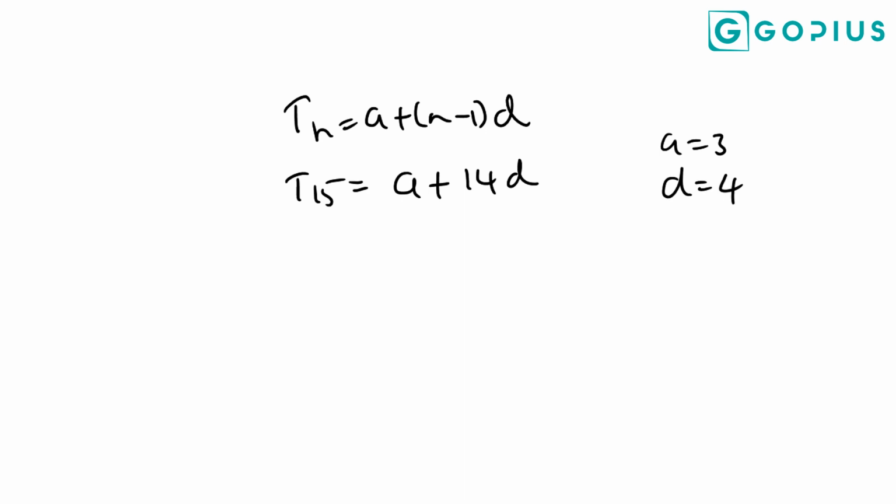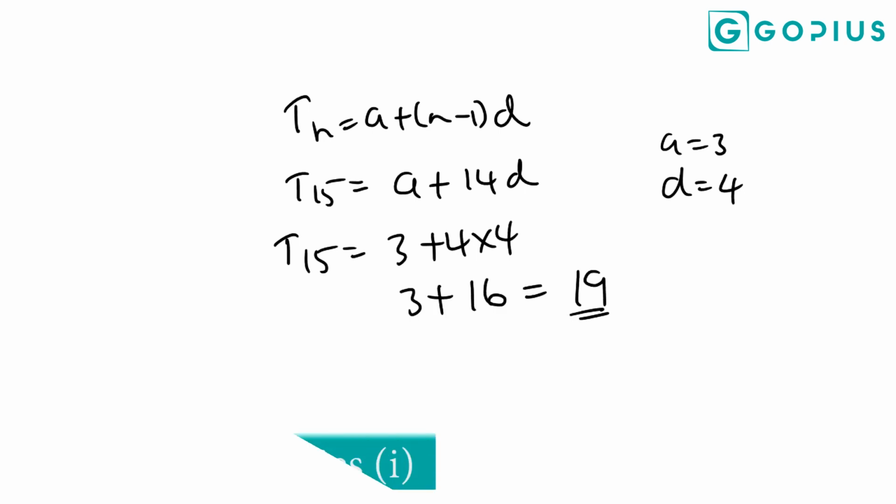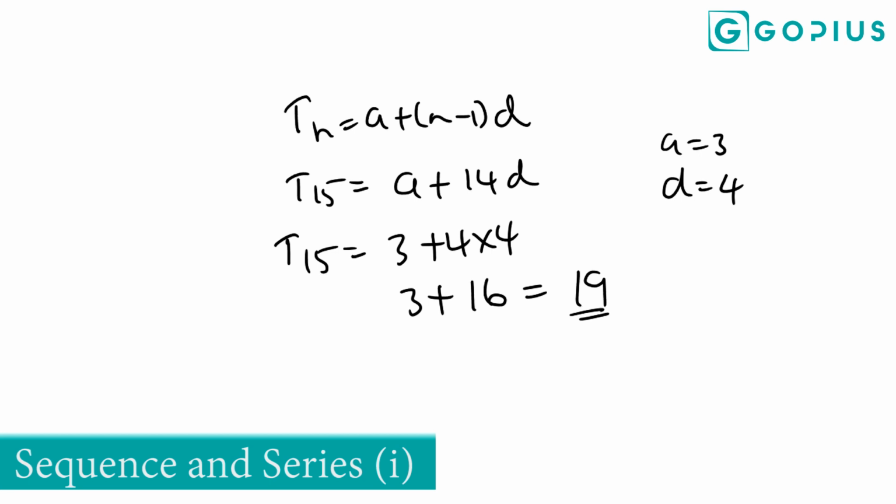So we replace a and d with 3 and 4 respectively. So T15 is equal to 3 plus 14 times 4, which is 3 plus 56, which is equal to 59. That means the 15th term of that linear sequence is 59, given that the fourth term was 15 and the ninth term was 35.